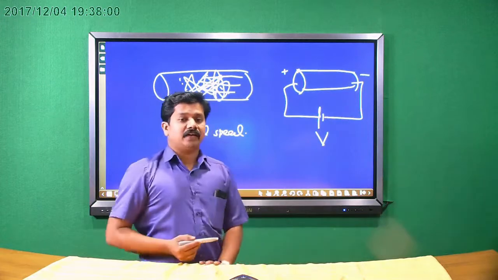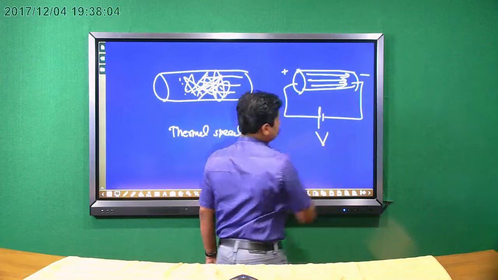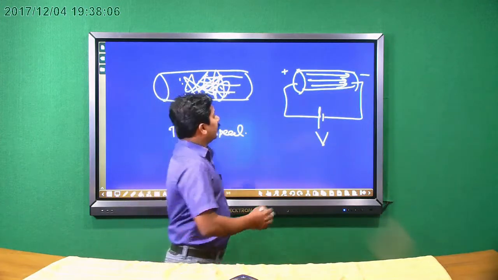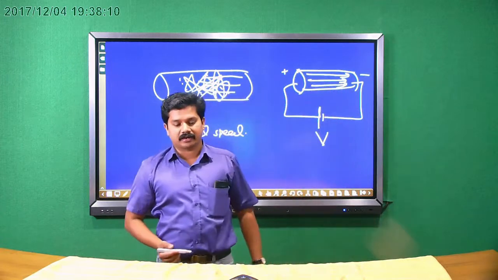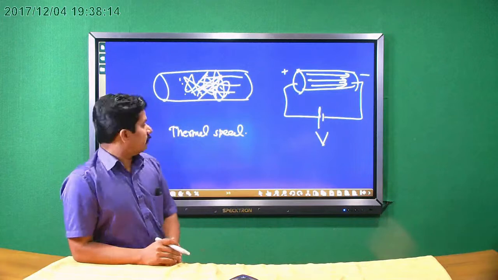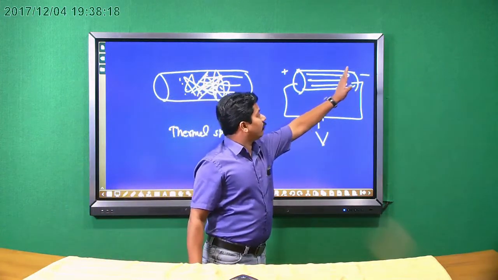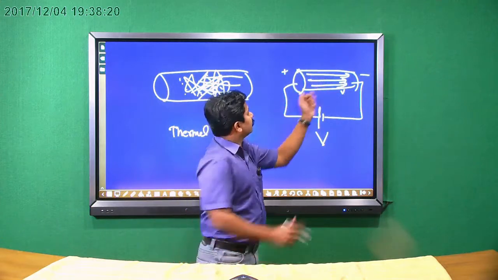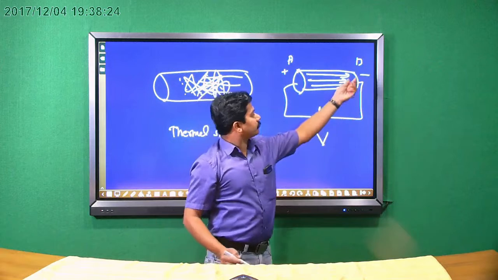Now an electric field will develop in the conductor. Now what will happen? The electron will get accelerated in the opposite direction of the electric field, right? So the random motion will stop and they start moving in only one direction like this. Here, this is A, this is B. Now electrons start moving from B to A.